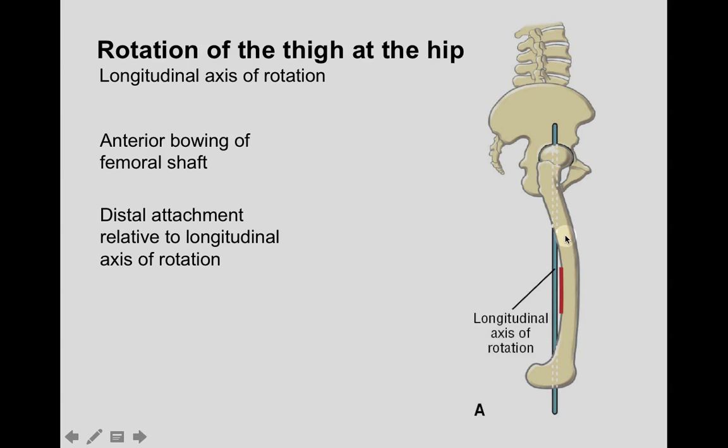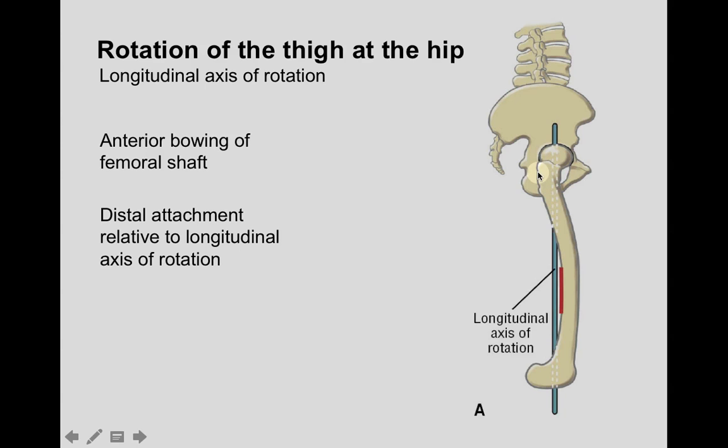So this will actually have an effect on whether a muscle is an internal or external rotator based on what side of this axis that distal attachment is. So if we look up here, a lot of those muscles we just discussed are attaching onto the greater trochanter.